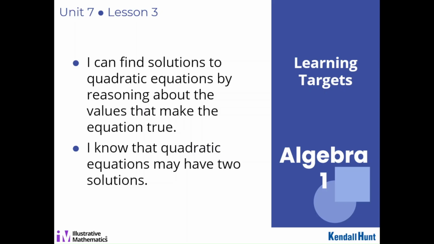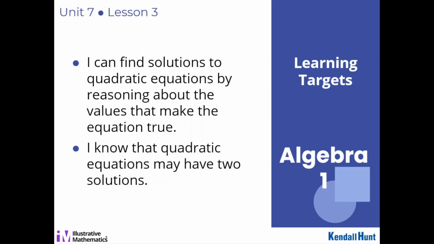Learning target number 1 says I can find solutions to quadratic equations by reasoning about the values that make the equation true. And learning target number 2 says I know that quadratic equations may have 2 solutions.